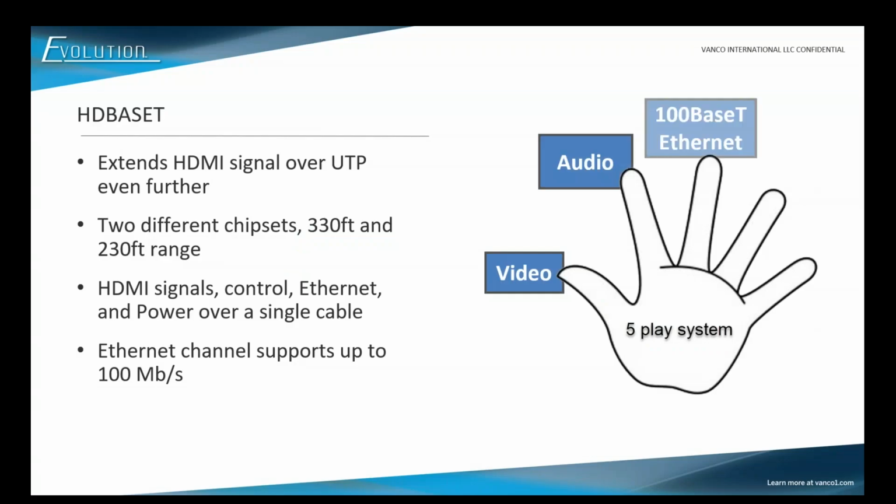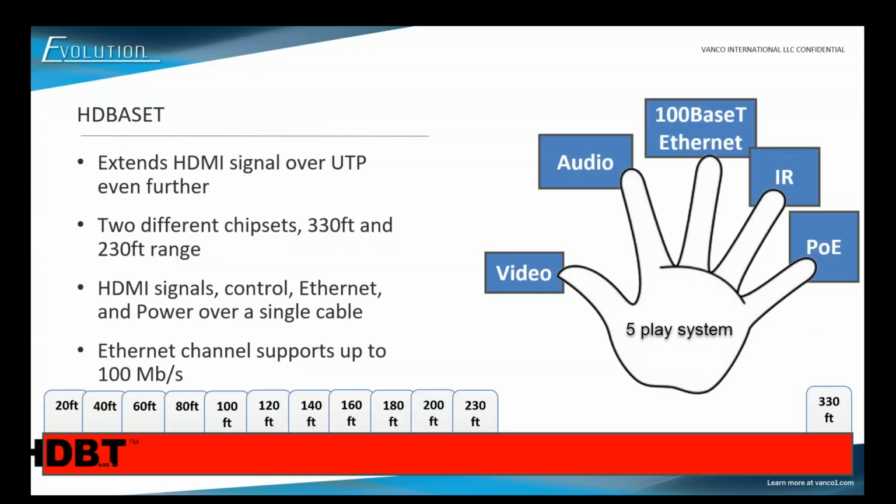So with HDBaseT, what does that entail? Well, it's called a 5-play system, which is pretty much HDMI. So you get video and audio for HDMI, but it also passes through Ethernet, IR, and PoE all over one single line, and we can do that up to 330 feet.